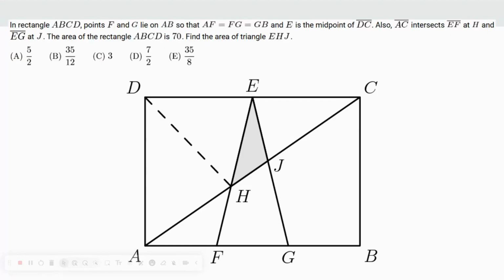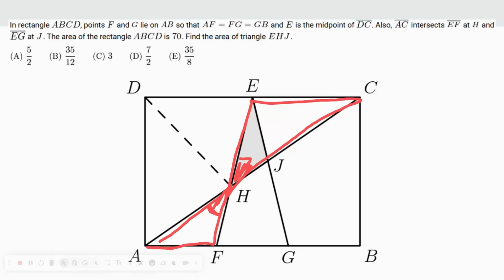So first, let's prove some triangles similar. There are two key observations we need to make, and they're both identifying two pairs of similar triangles. First we need to find that triangle AFH is similar to triangle CEH. We see that we have vertical angles here and here, so that's one pair of congruent angles.